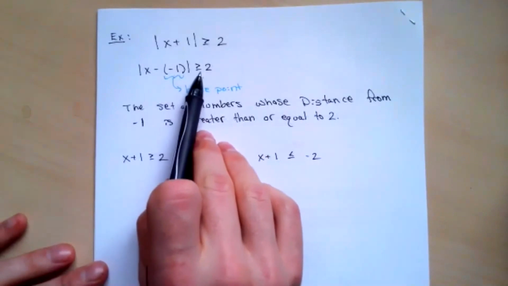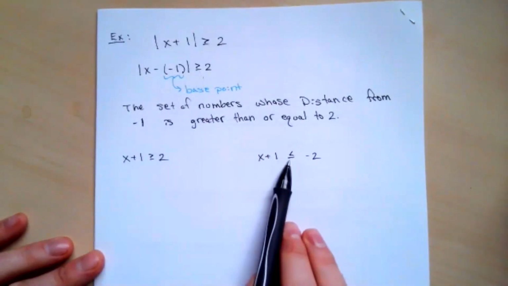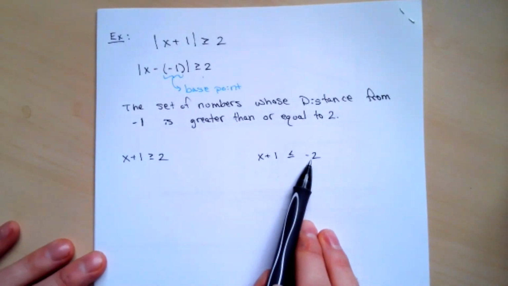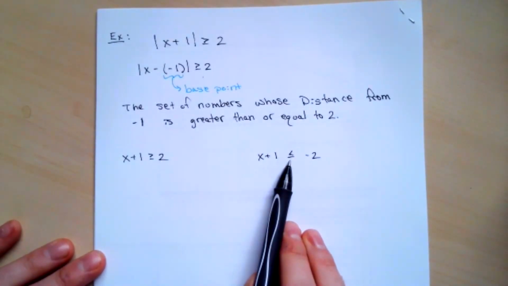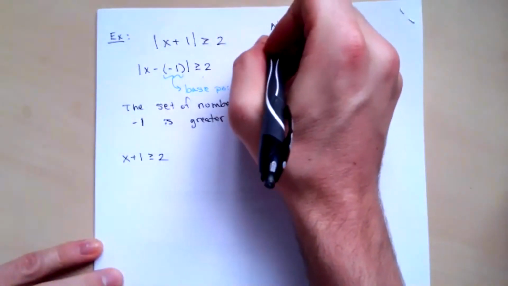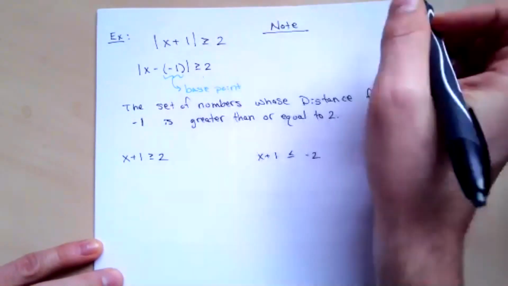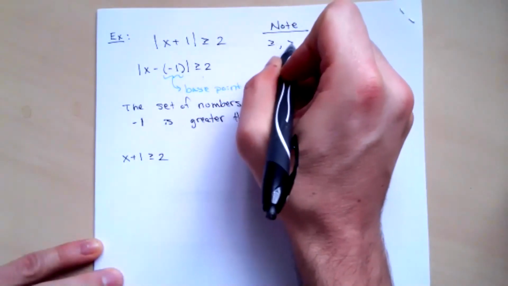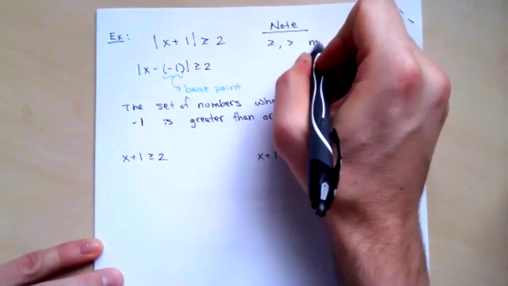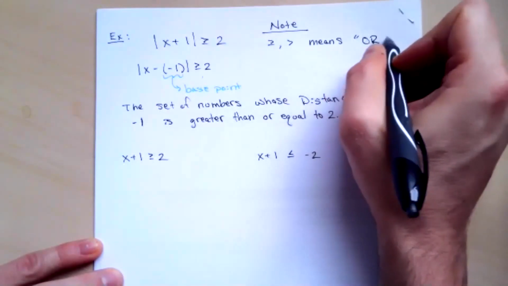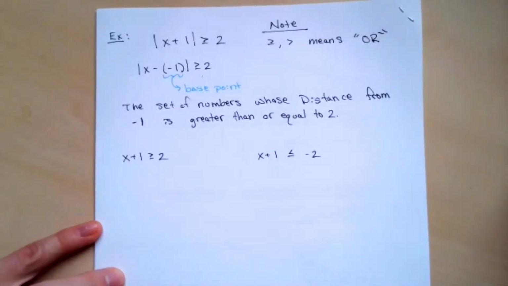With absolute values and inequalities together, the second equation you get, when you change the sign of the right-hand part, you have to flip the inequality. And now we want to solve both of these simultaneously. One other thing to note is that greater than or equals means or, as a logical statement.